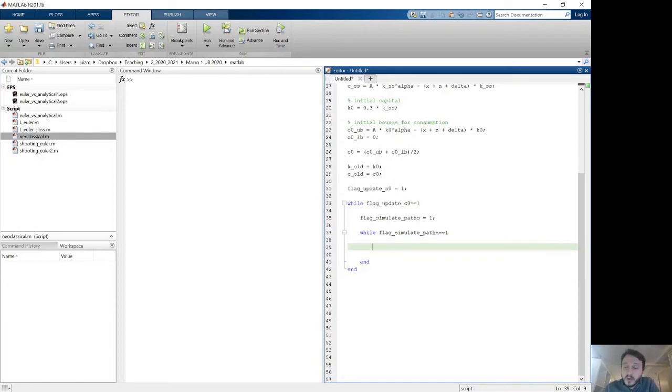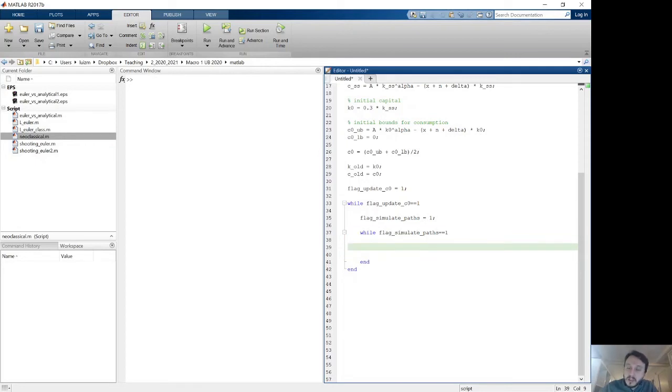One thing about the while loop, for those who don't know: the while loop works similar to a for loop. So what will happen is the following. We are saying to MATLAB, while this variable flag simulate paths is equal to 1, you will do something that I will tell you to do inside this loop.